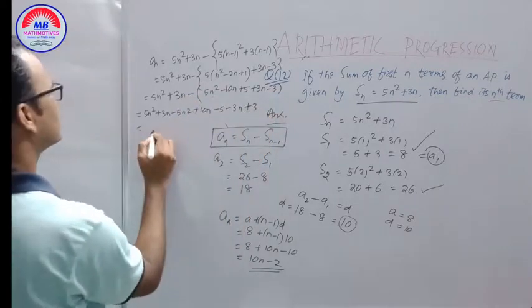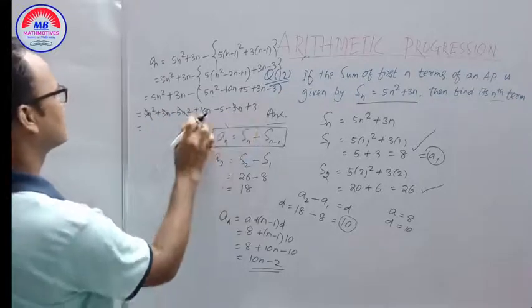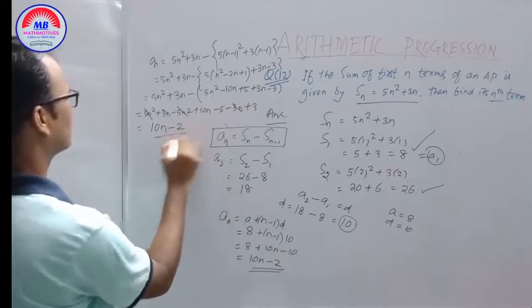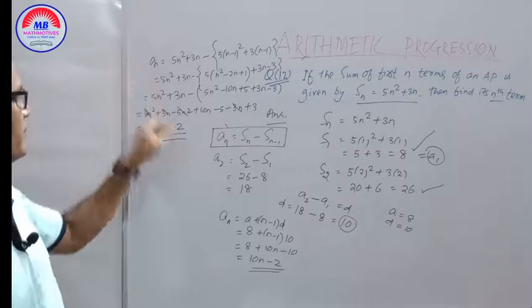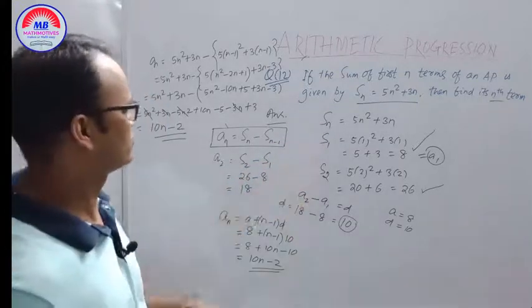Okay, you see 5n square cancels, 3n cancels. So 10n minus 5 plus 3 is 10n minus 2. We also get the same answer. This is by directly putting the formula, or you can find it by using S1, S2.